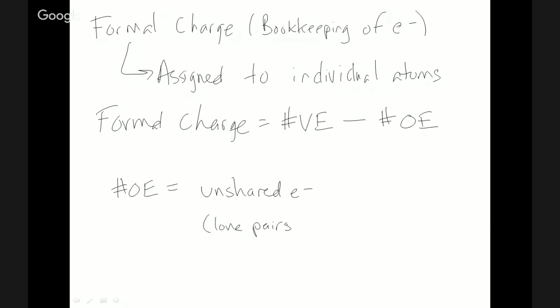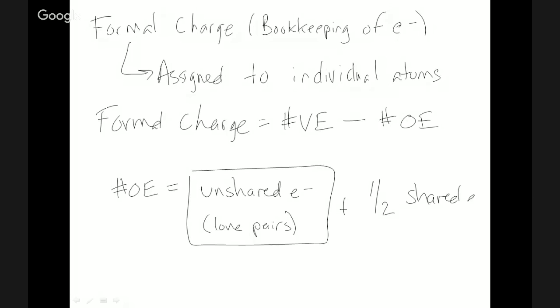Think about it. If a molecule has a lone pair attached to it, it's not sharing it. That's one part of the equation. The second one is 1/2 of the shared electrons, i.e. the bonds. If you think about this, it makes sense.